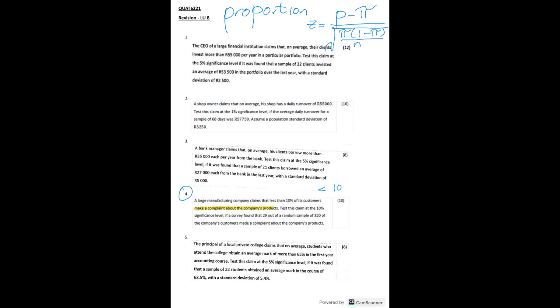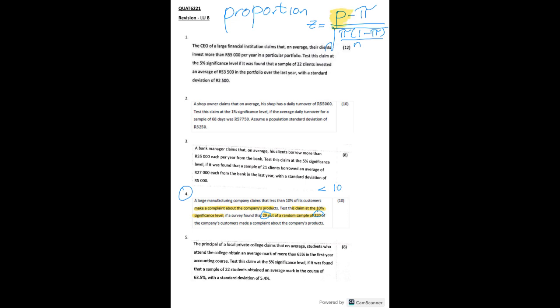So it says test this claim at the 10% significance level if a survey found that 29 out of a random sample of 320 of the customers made a complaint about the company's products. So this 29 out of 320, that is the value of P in the formula. So P, and I'm going to write out the calculation here.